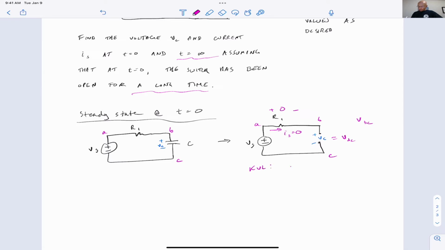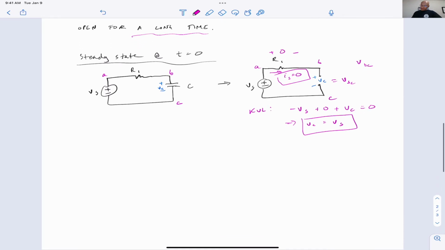Going around the loop in a clockwise direction, we have negative Vs plus 0 plus Vc. That's equal to 0, so Vc equals Vs.